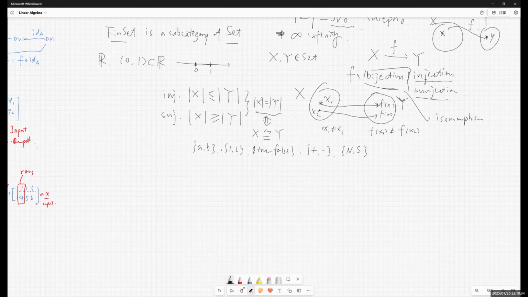They're different sets, and we can easily establish a bijection between each pair of them, so they are isomorphic to each other. So essentially, they are the same.